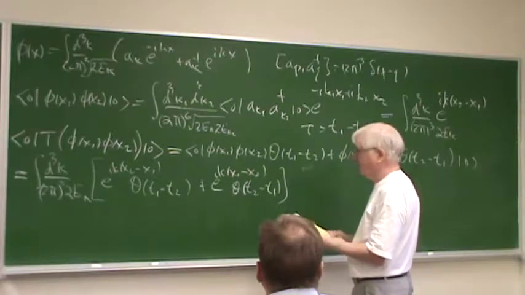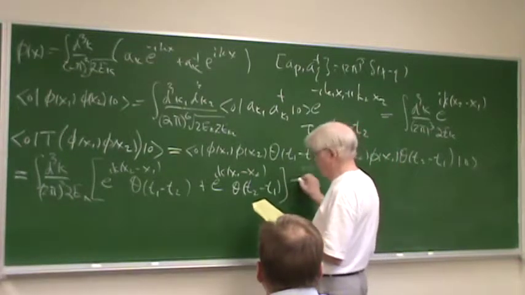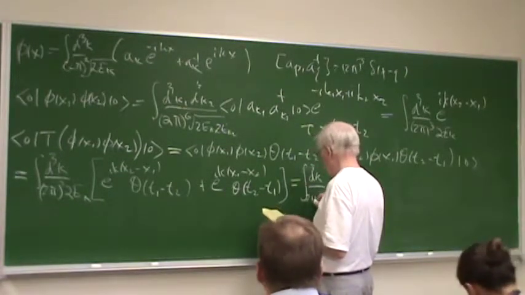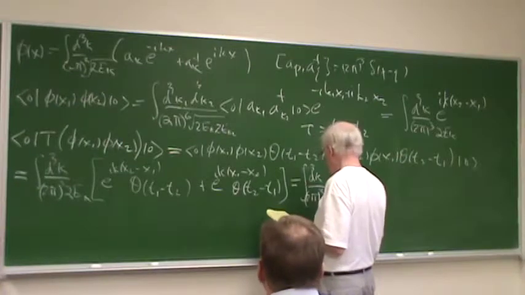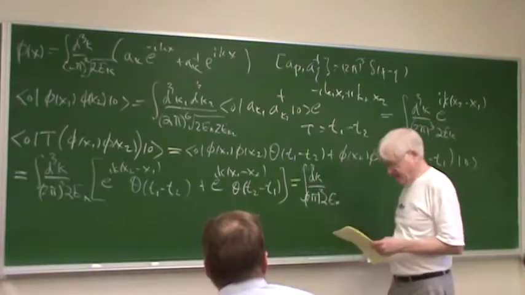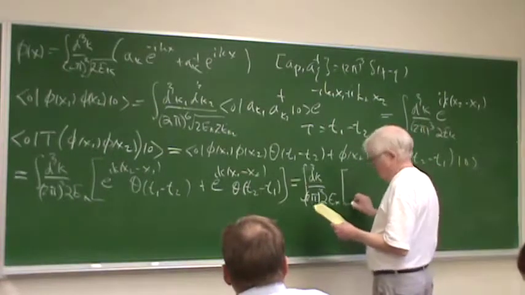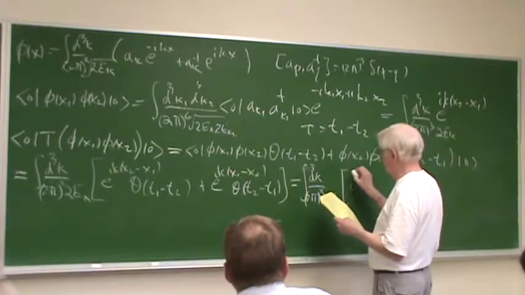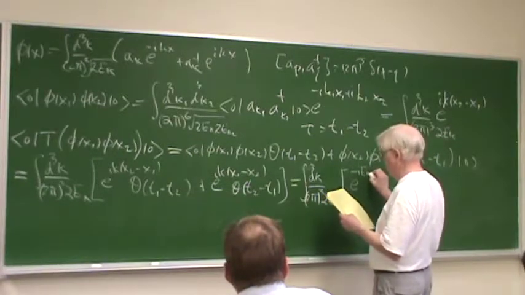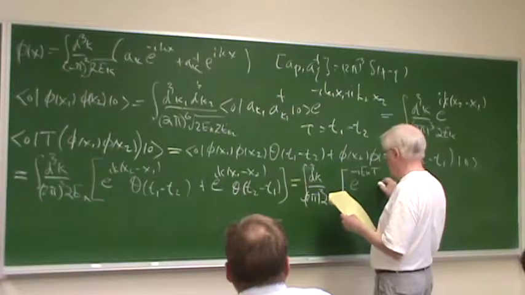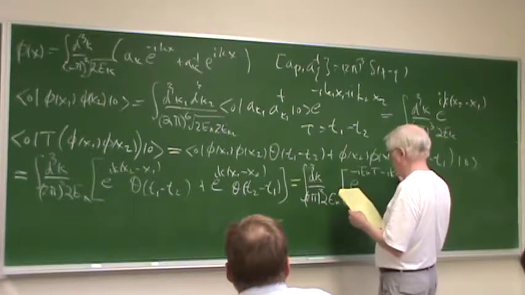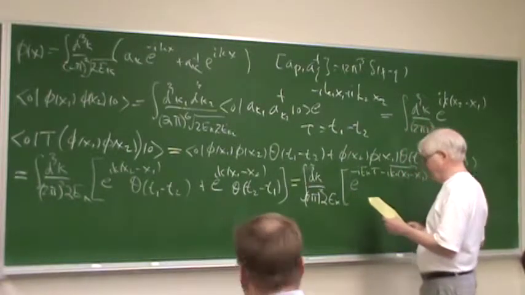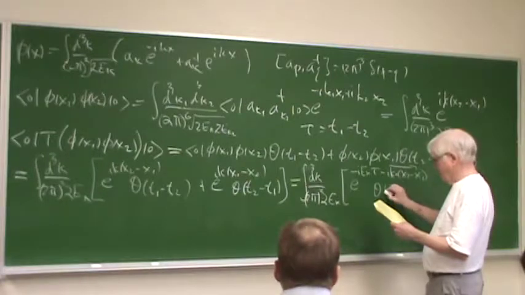All right. So if we do that, then what we get is the integral d cubed k over 2 pi cubed, 1 over 2 ek, and then we get e to the minus i ek tau minus i k dot (x2 minus x1), and this is a 3-vector, and this is theta of tau.